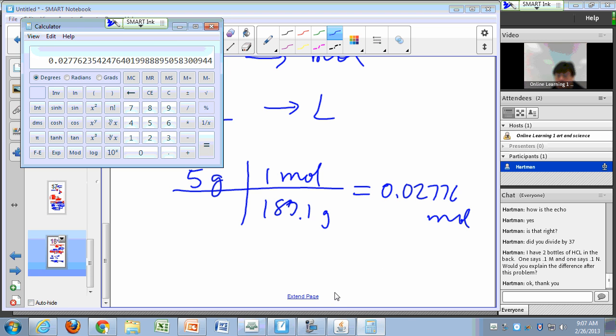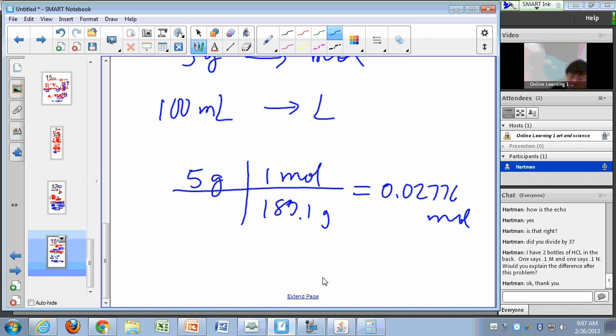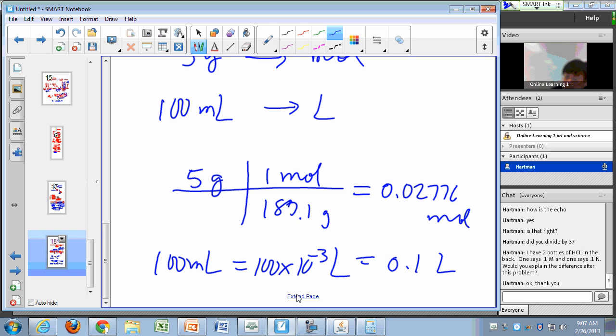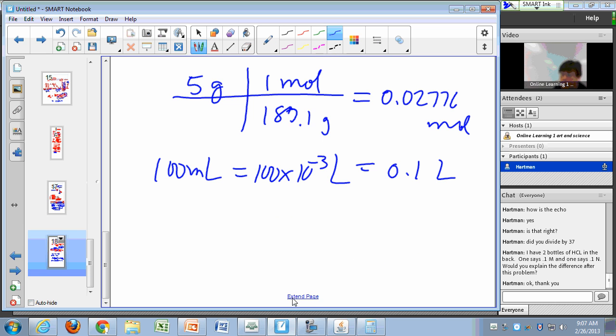0.02776 moles, and my volume is 100 mils, so 100 mils is 100 times 10 to the negative 3 liters, or that's 0.1 liter. So I have 0.02776 over 0.1 liter. I'm just treating everything as exact.